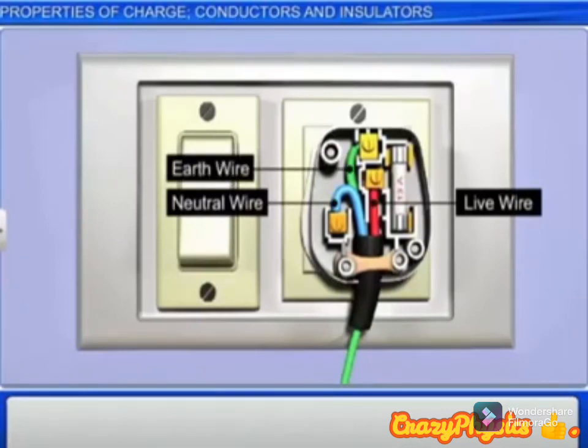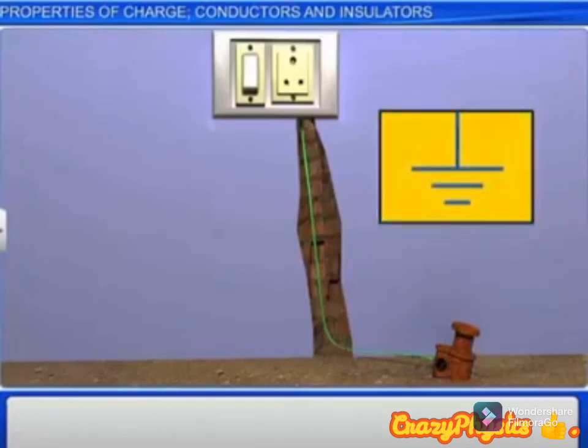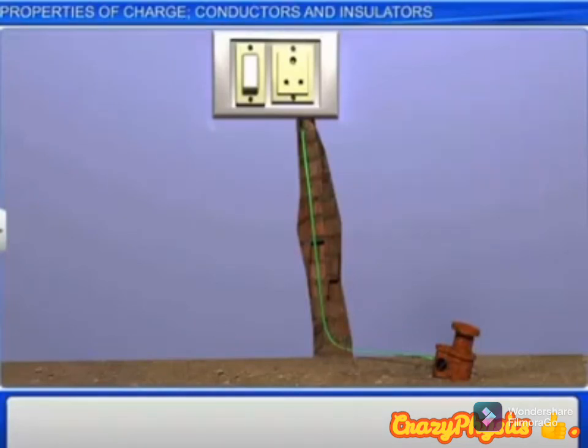Live and neutral wires carry the electric current, whereas the earth wire is used as a safety mechanism. All earth wires terminate in a thick metal plate buried deep in the earth. When a fault occurs, or the live wire touches the metallic body of an electric instrument, the charge immediately and safely flows into the earth because of the earth connection through the earth wire. This prevents damage to human life and property.